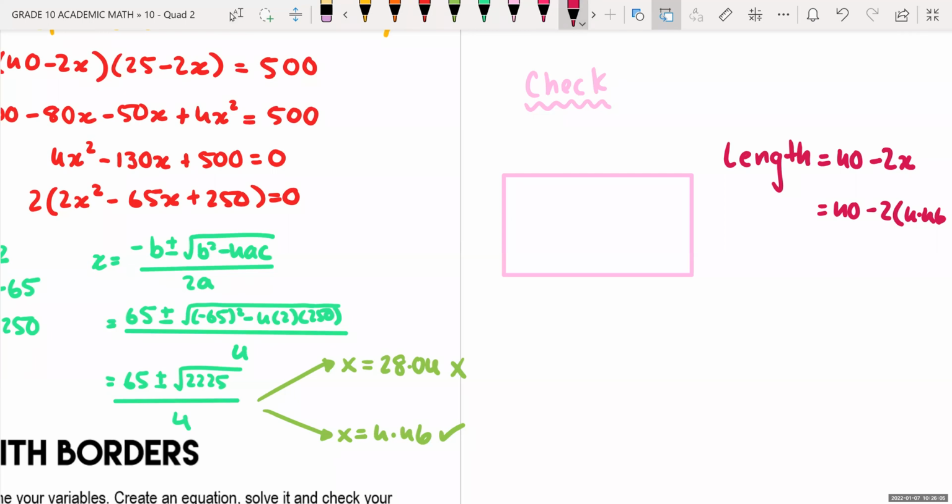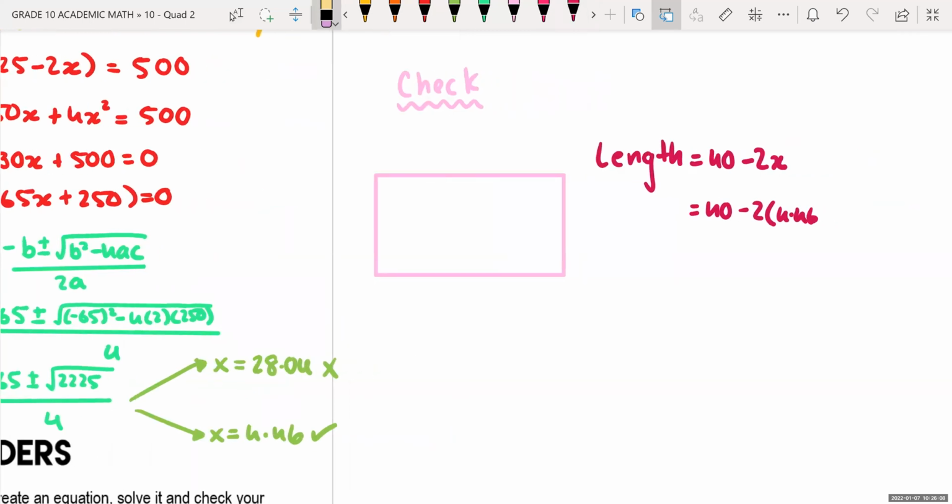It really depends on how many decimal places you're carrying over. I'm just going to keep it as whatever I had as my answer there. So that is equal to 31.08 meters. So that means this length over here is 31.08 meters.